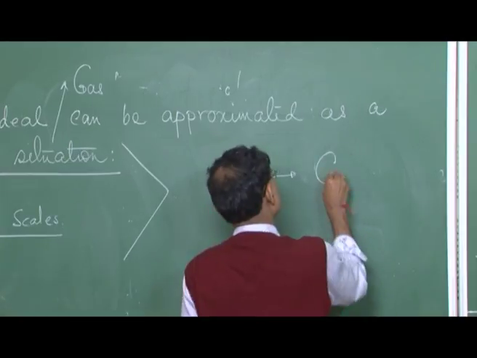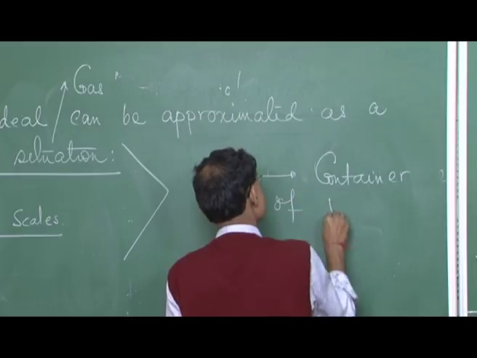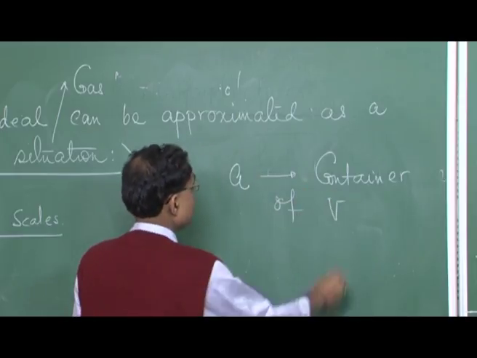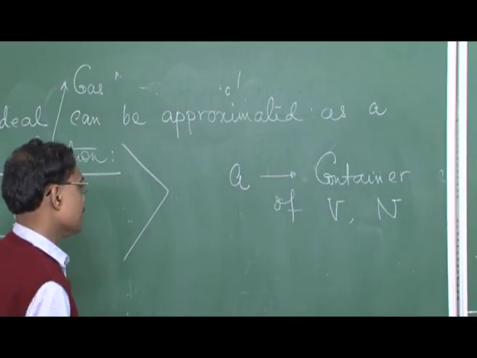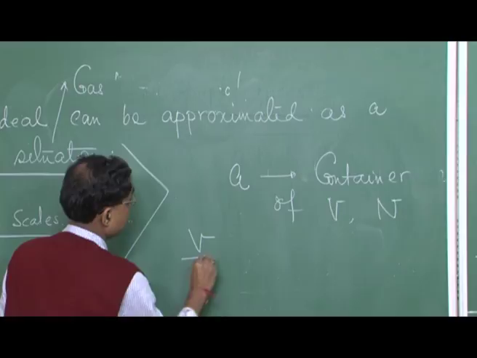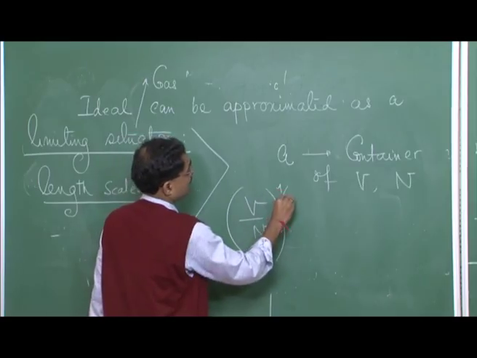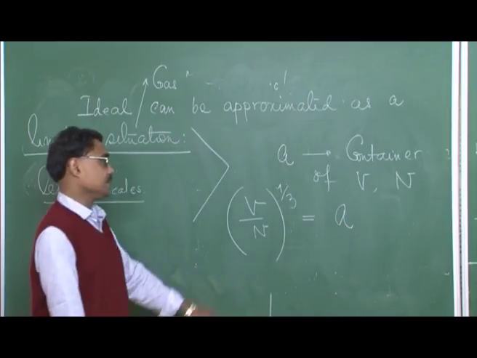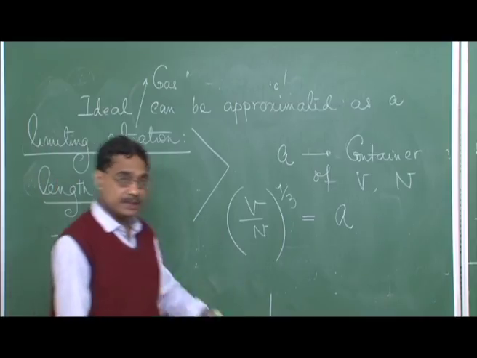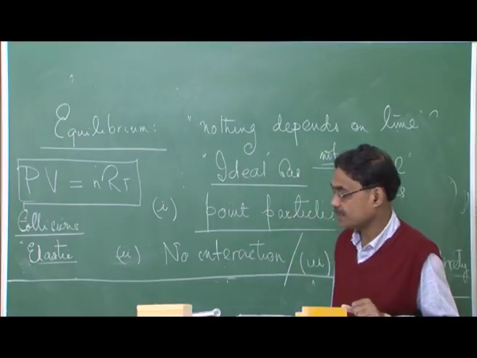If I have a container of volume V and in that volume I put N molecules, so I know V by N, typically this to the power one third is, on an average, my intermolecular distance, and now I should be able to compare this distance with other length scales of the problem.